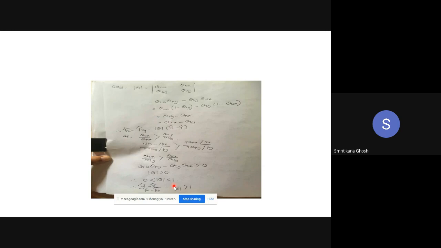Why is it less than 1? Because it is the difference of fractions. If you take the difference between fractions, it is always less than 1. So in a single word, determinant theta is a positive fraction.